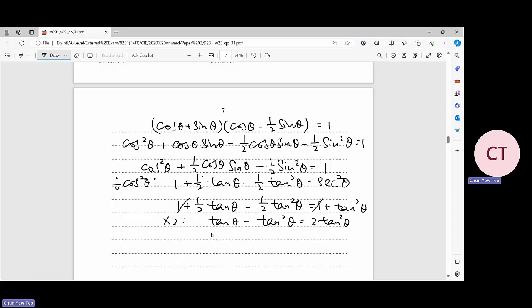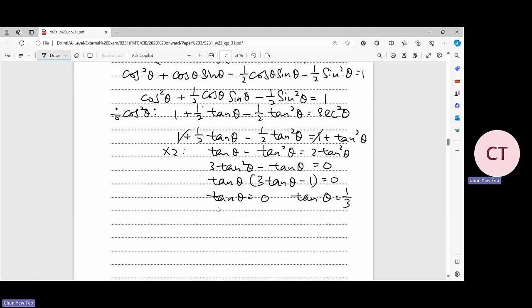Then I have 3 tangent square theta minus tangent theta equal to 0. Factorize the tangent theta out, 3 tangent theta minus 1 equal to 0. Therefore, you have tangent theta equal to 0 and tangent theta equal to 1 over 3.